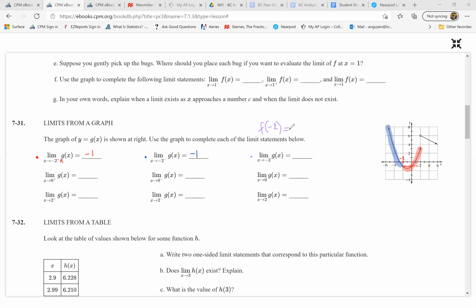All right. So if I ask you to evaluate f of -2, the answer will be what? No solution, yes, or undefined, right? Or does not exist.